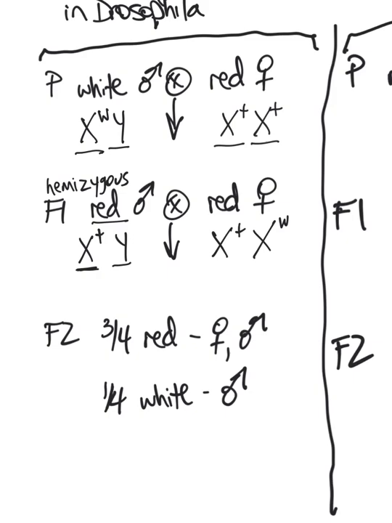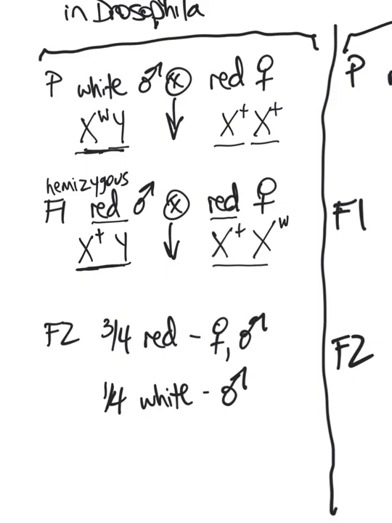So the parental male is hemizygous for the white allele. He expresses that white allele and has white eyes. The F1 male is hemizygous for the wild type allele. He expresses that allele and has red eyes. This female in the F1 is heterozygous, has two different alleles. And because her phenotype is red, that tells us that the plus allele is dominant to the white allele. So complete dominance going on here.